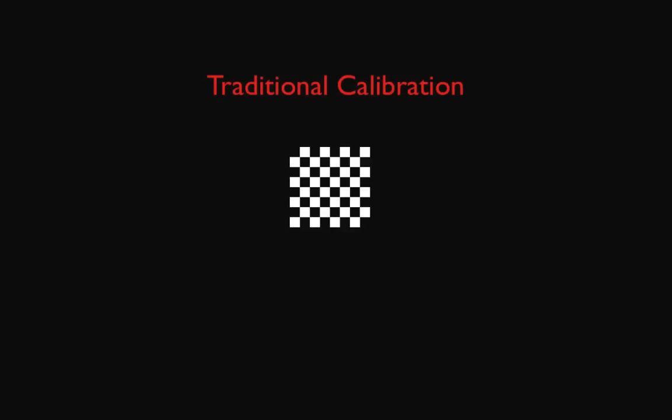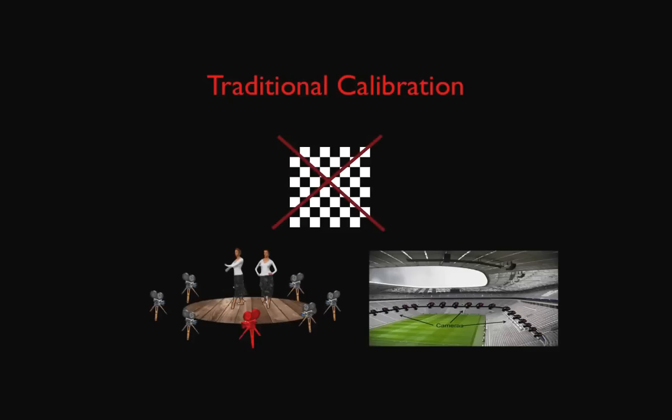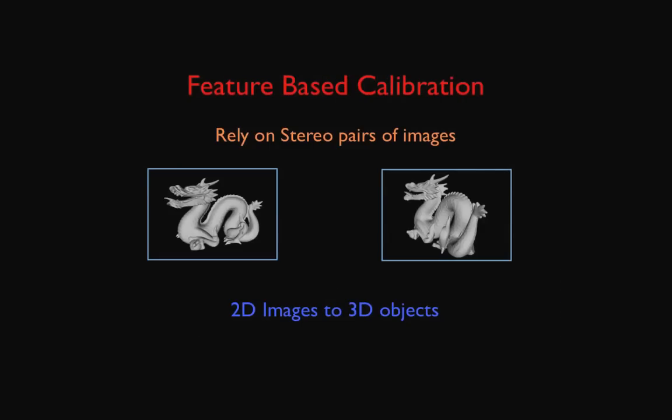Traditionally, a checkerboard was used to calibrate the cameras, but for our scenarios, a checkerboard is very inconvenient and impractical to use. Hence, we rely only on the features extracted from the images, and hence we call this feature-based calibration.